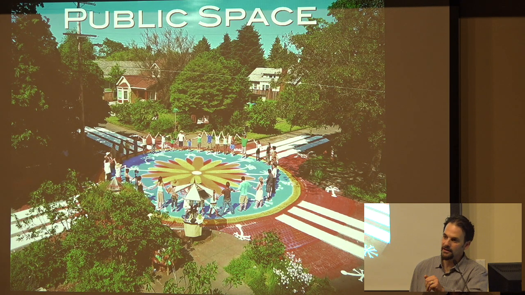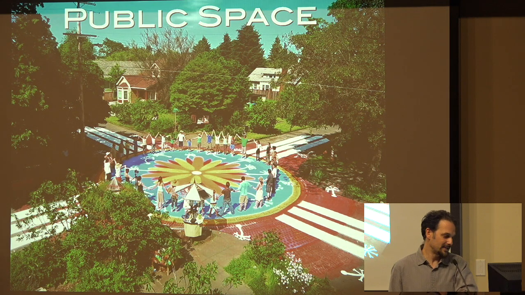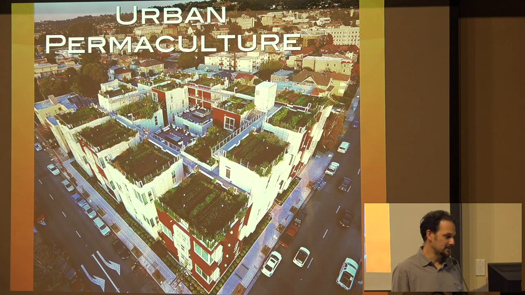They've actually, you might say, fertilized the social environment by making gathering spaces in a neighborhood that didn't have public space. Right? So that's a way that we see permaculture on the social level in public spaces.